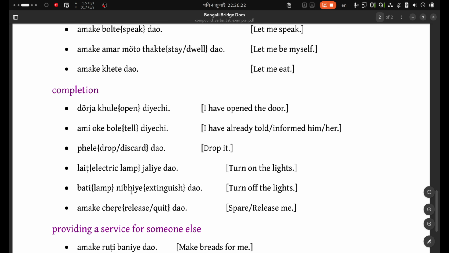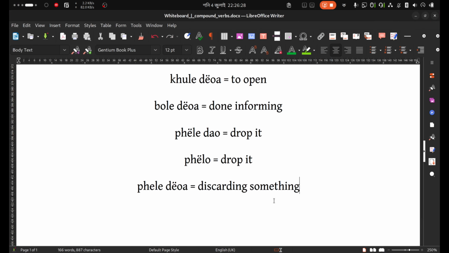Bati nibhiye dao. Nibhiye, nebhano is the verb here. Let me write it here. Nebhano generally means to extinguish, like extinguishing fire. Agun nebhano also works like that.